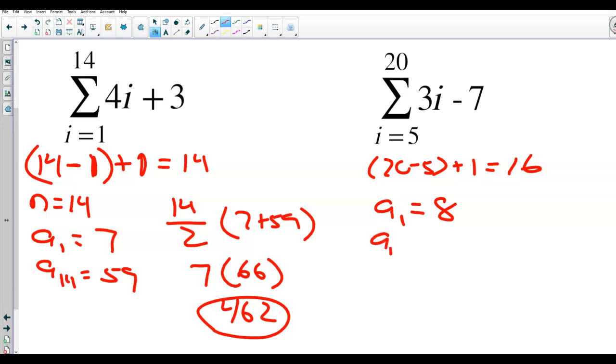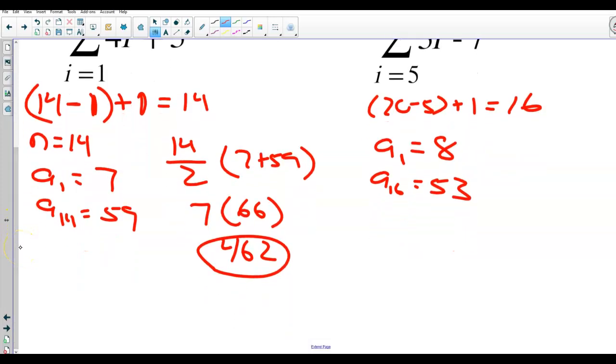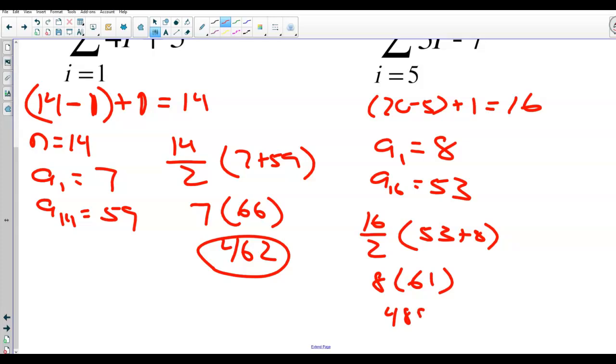My 16th term, which I'm putting 20 in for the i, 3 times 20 is 60, minus 7 is 53. So now, 16 over 2 times (53 plus 8). That's 8 times 61. And when I do 8 times 61, we get a sum of 488.